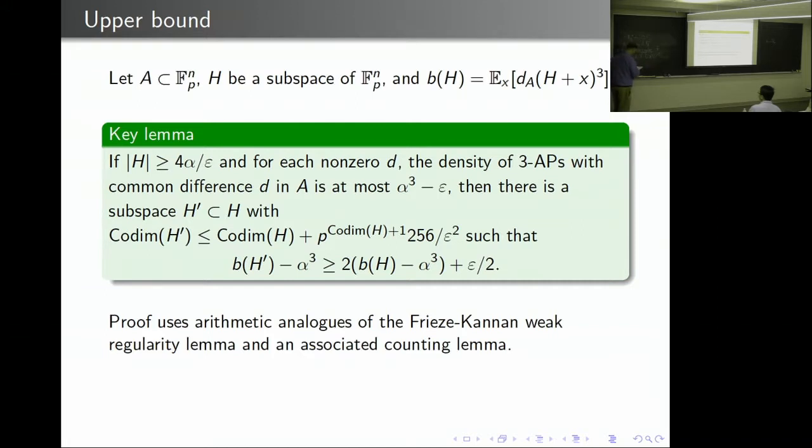So the weak regularity lemma says that for all f from F_p^n to [0,1], there is a subspace H which is delta-weakly regular and is small.